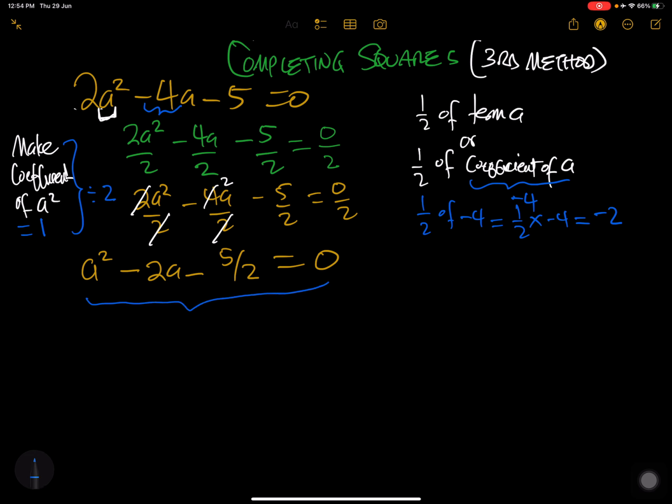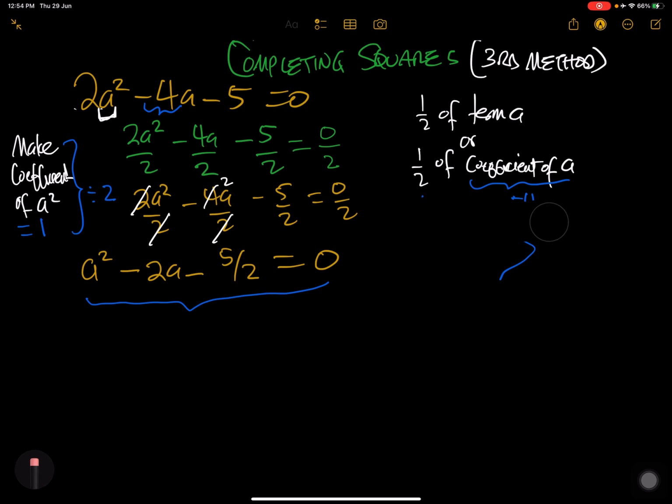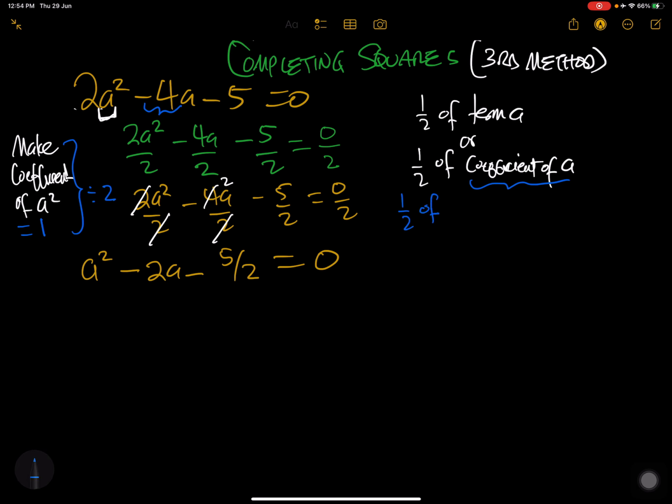Sorry about the mess. We can say that half of negative 2, our coefficient of a, right? Because remember that we said we have to make the coefficient of a squared equal to 1. The coefficient here has to be 1, and we divided by 2.